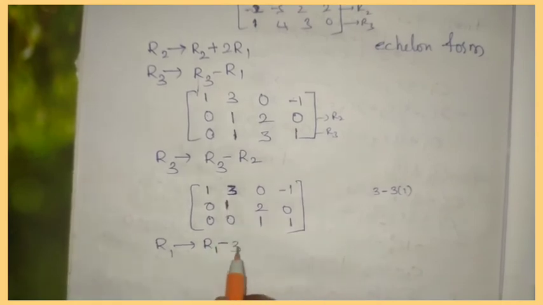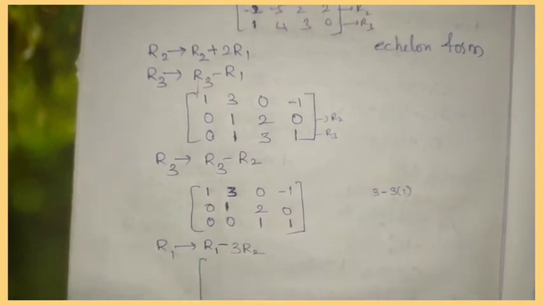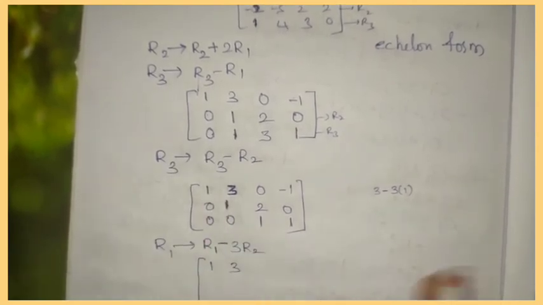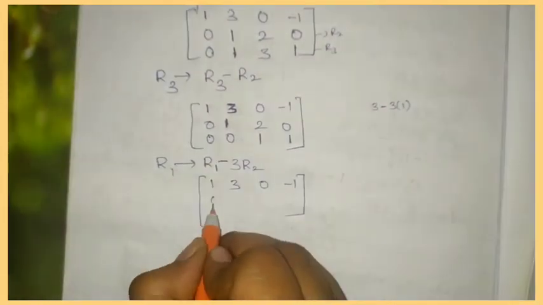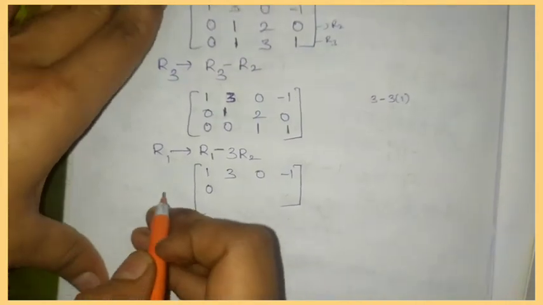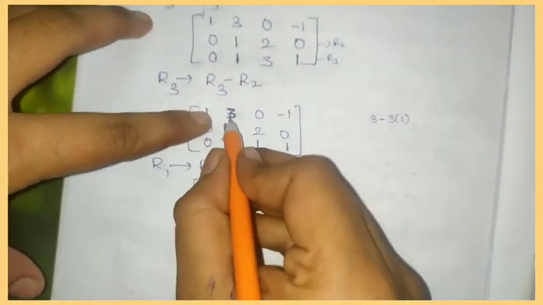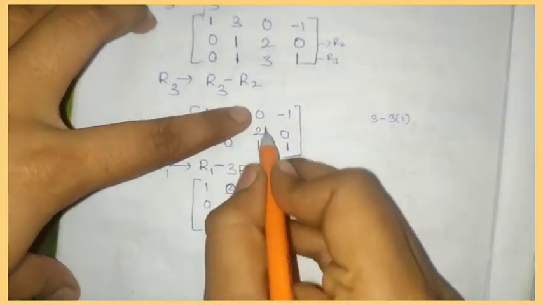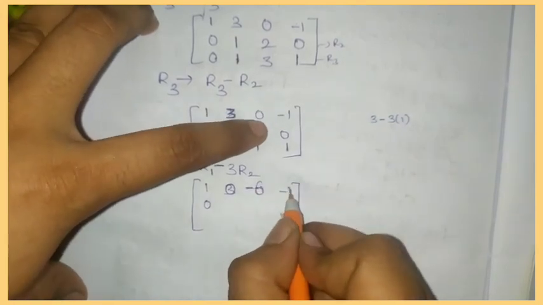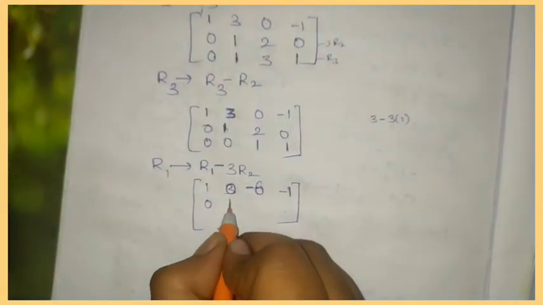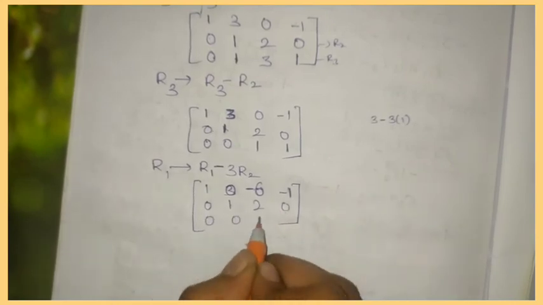So 3r2, then we will get 1 3 0 minus 1, sorry, 3 minus 3 is 0, and here 3 2s are 6, minus 6 you will get, and minus 1, 0 1 2 0 0 0 1 1.